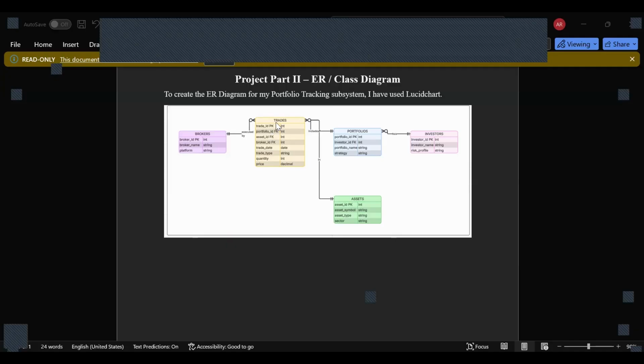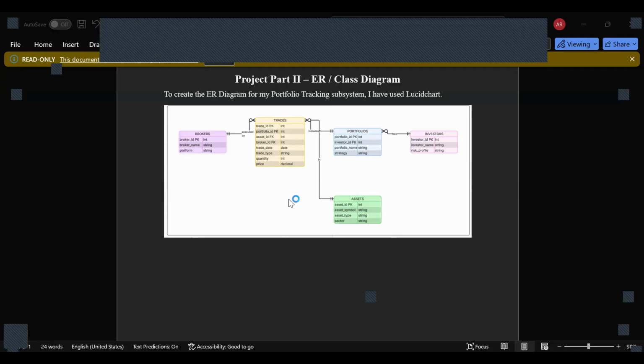Each trade references a portfolio, asset, and broker through foreign keys. The additional attributes include trade date, the trade type, meaning if they're buying or selling, then quantity, and the price.